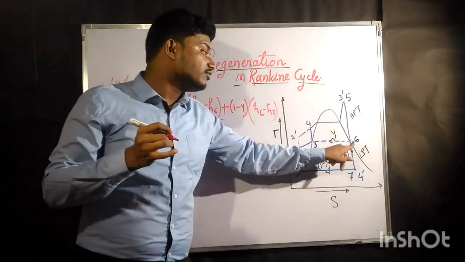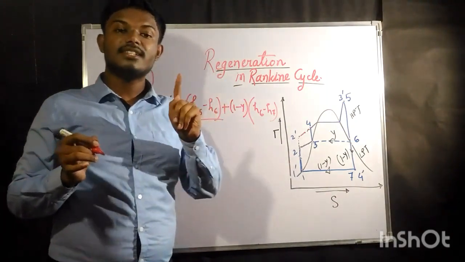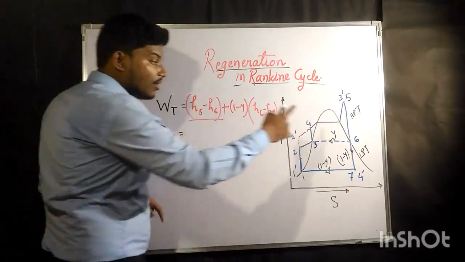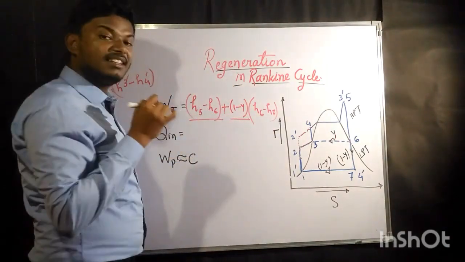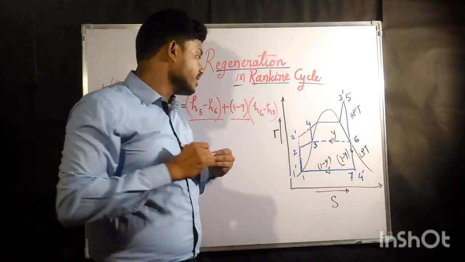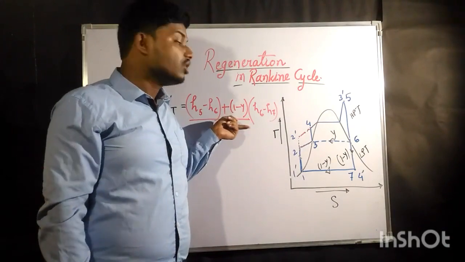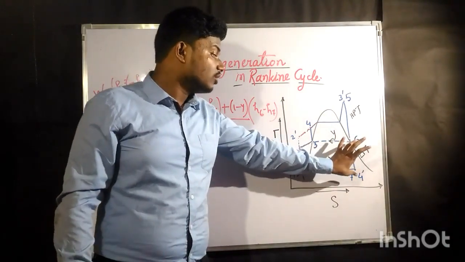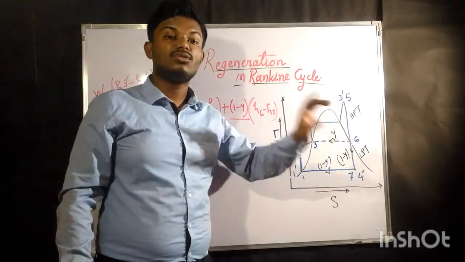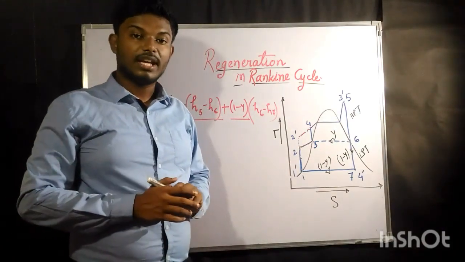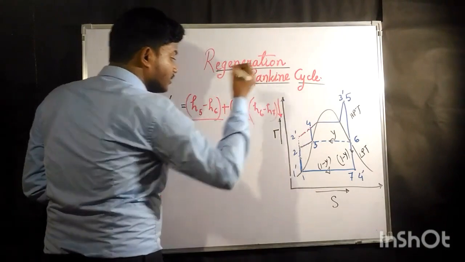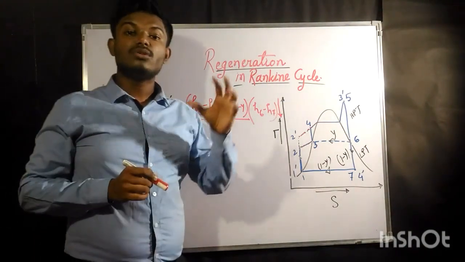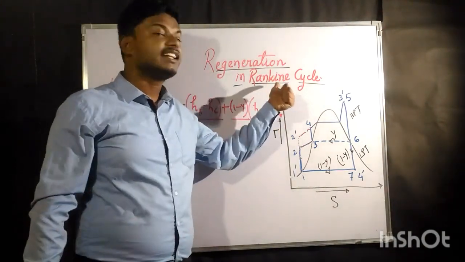From 5 to 6 it is associated with 1 kg of steam, but from 6 to 7 there is y amount of steam less now, so the work done by the low pressure turbine in the second step is going to be smaller. That is the reason why the work done by the turbine decreases in case of regeneration in the Rankine cycle.